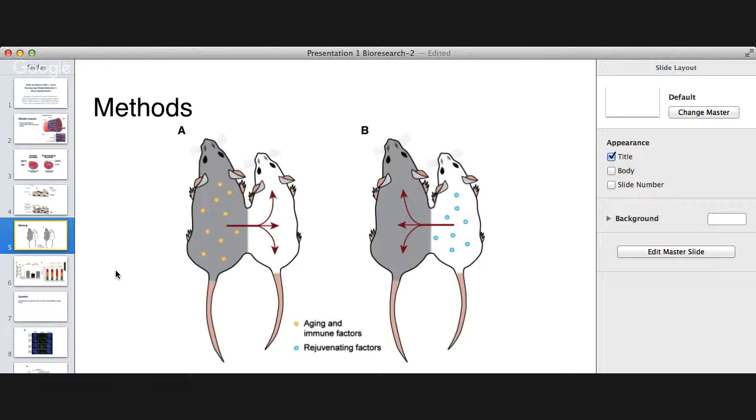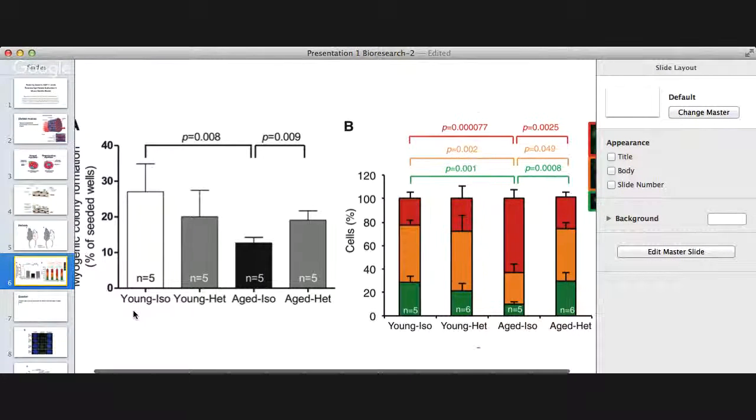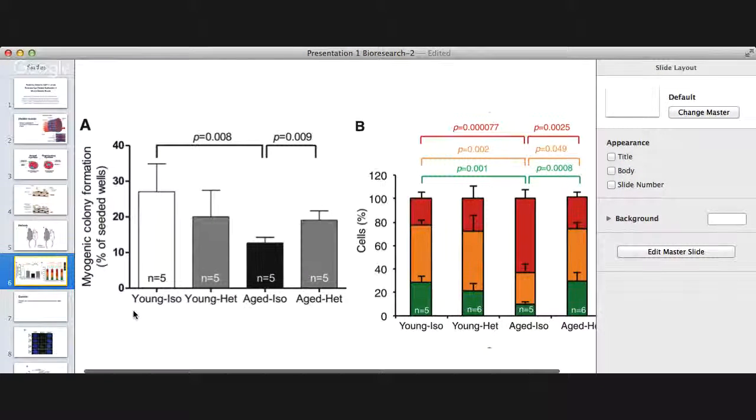So we are basically concluding that aged mice have fewer colonies than satellite cells, which basically means that there is more DNA damage in aged mice than unaged mice.